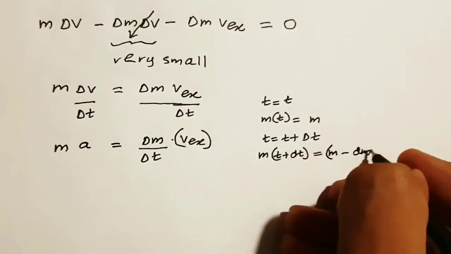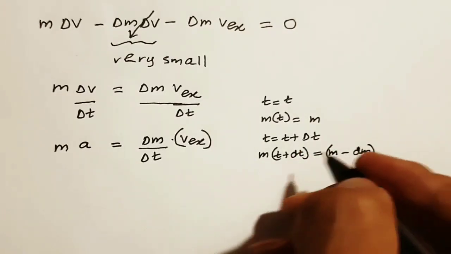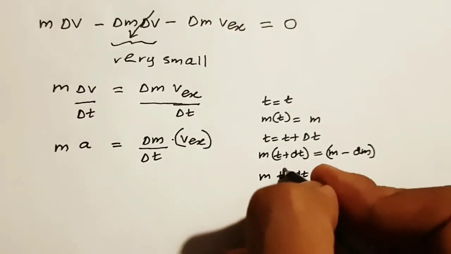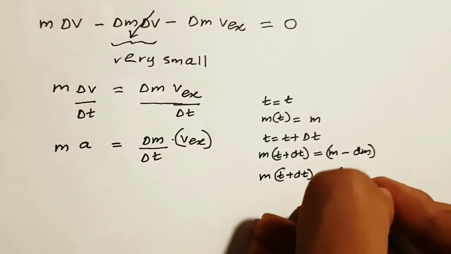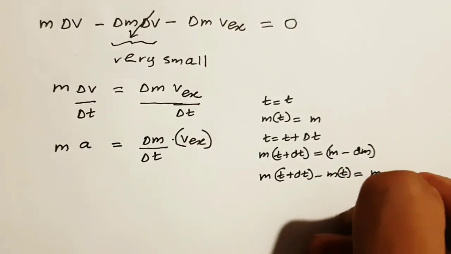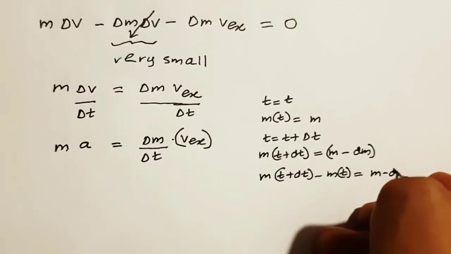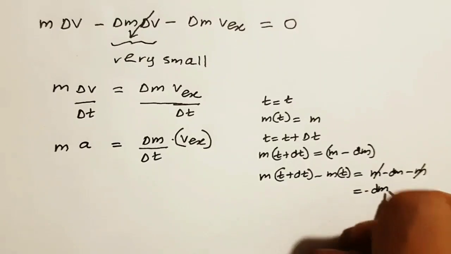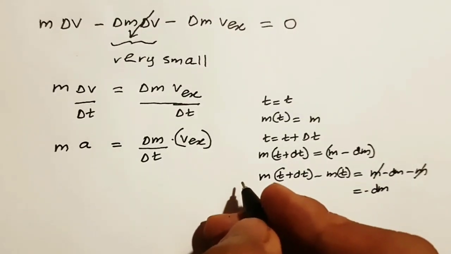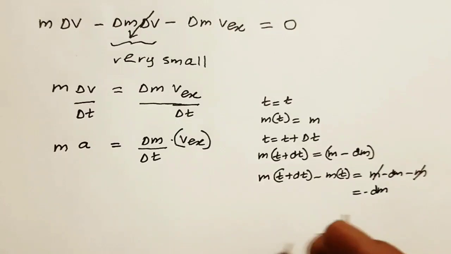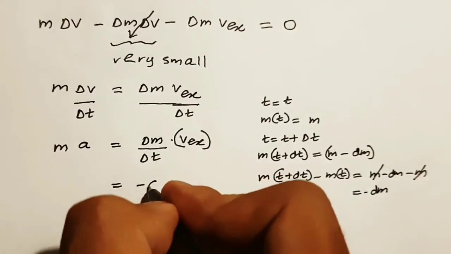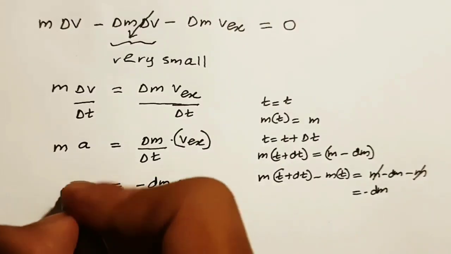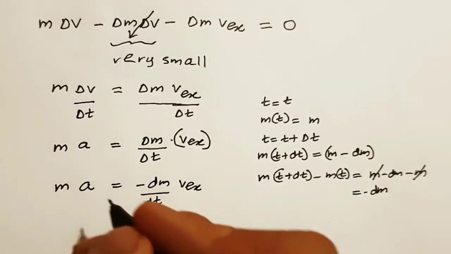So when we apply the differential equation, the difference M(t plus dt) minus M(t) is m minus dm minus m, which is equal to minus dm. We substitute that minus dm term into the equation we obtained, so minus dm over dt times v exhaust is equal to the mass times acceleration.